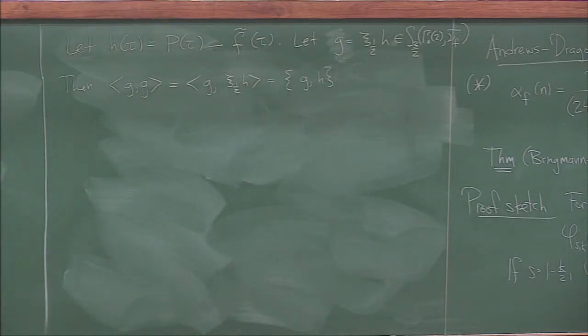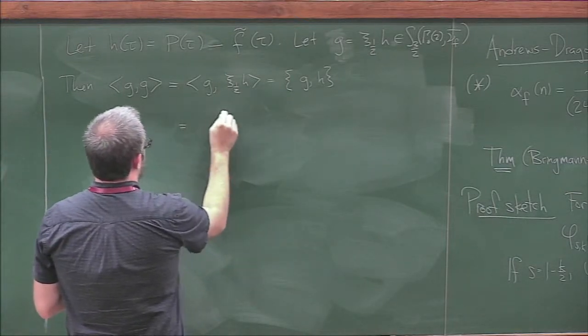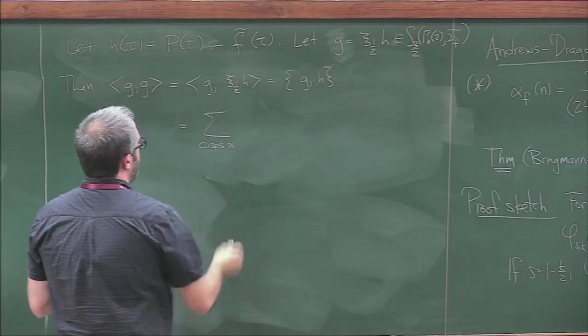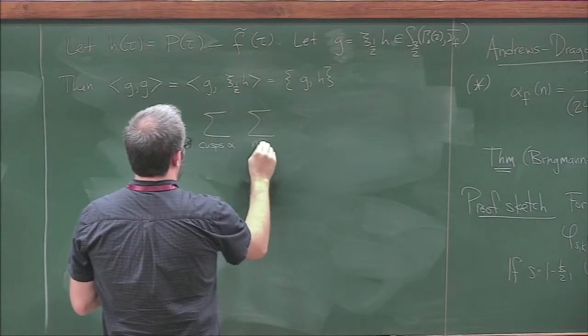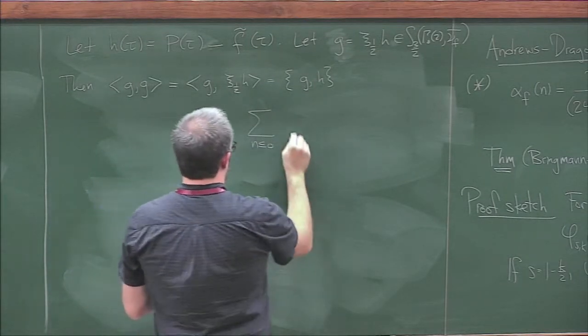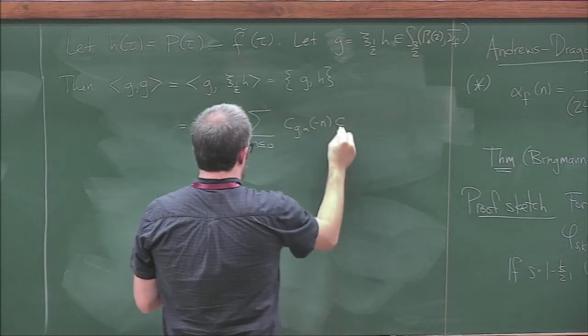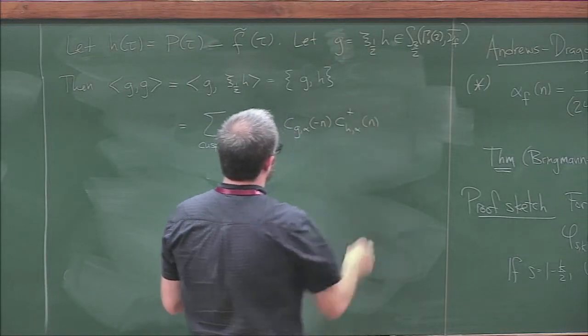Okay, and then there's a description of what this comes out to. So this ends up being a sum over all the cusps of gamma, a sum over all n's less than or equal to 0, C_g alpha of minus n, C plus h alpha of n.